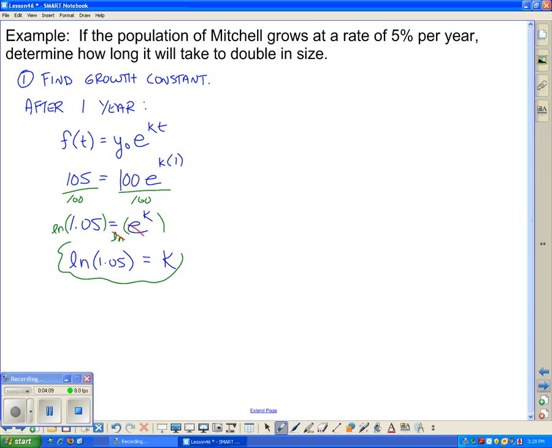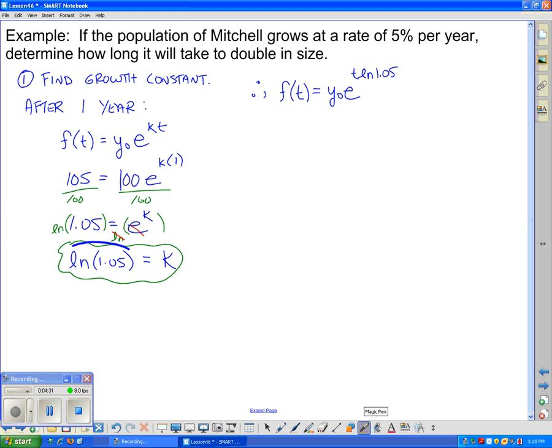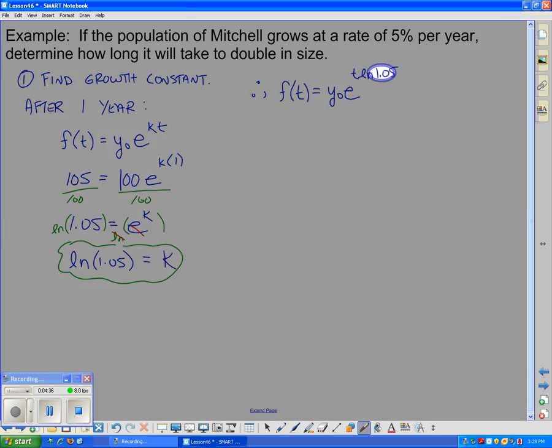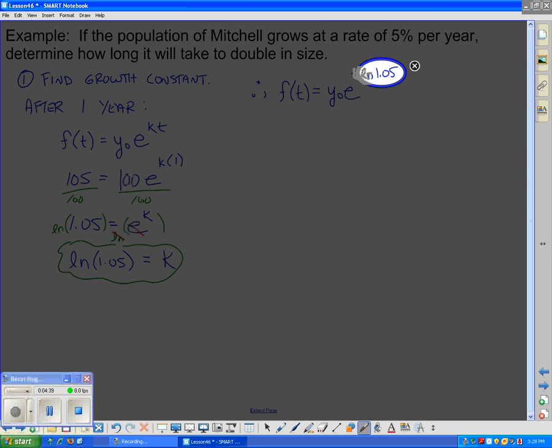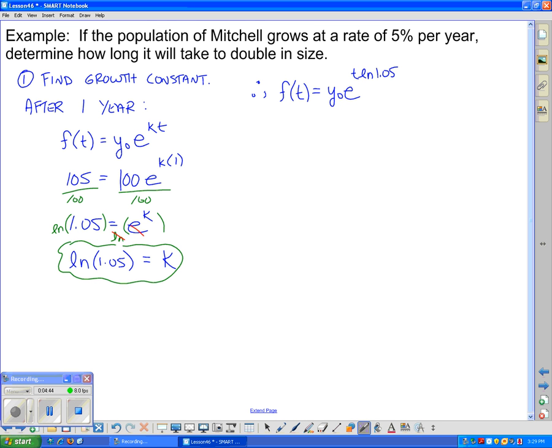So the real equation then for the town of Mitchell is f of t equals y naught e to the exponent t multiplied by ln 1.05. What happened was a substitution: instead of the exponent kt, k is ln 1.05. So there is our function that we're going to be using.